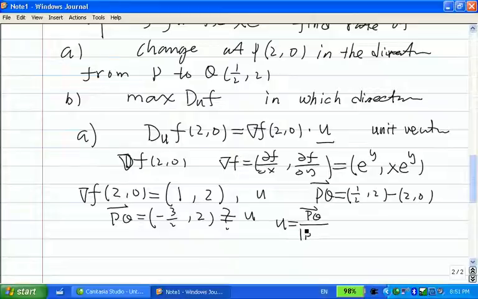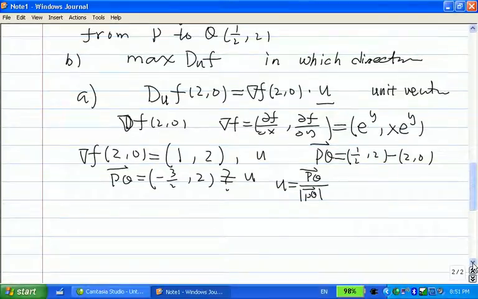Dividing by this scalar will not change the direction, only the magnitude. So what is the magnitude of PQ? The square root of (-3/2) squared plus 2 squared.